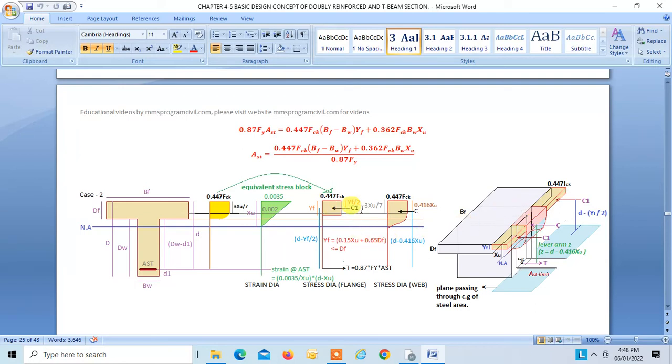What is C1? Force C1 can be found as 0.447 FCK into YF, so that is the area of this rectangle into this length, right? So this is BF minus BW. That will be the length of the flange, okay? So C1 force is equal to 0.447 FCK into YF into BF minus BW, right?